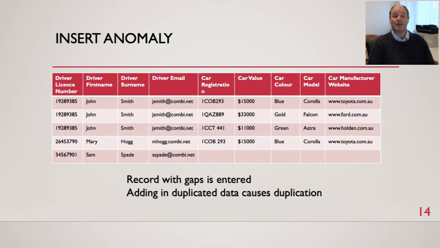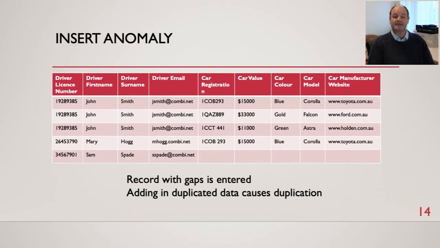An insert anomaly occurs in an unnormalized database. There are two types of insert anomaly. Firstly, when data is added to the table and there are gaps in the record, as in the case of Sam Spade. Here we have several null fields.